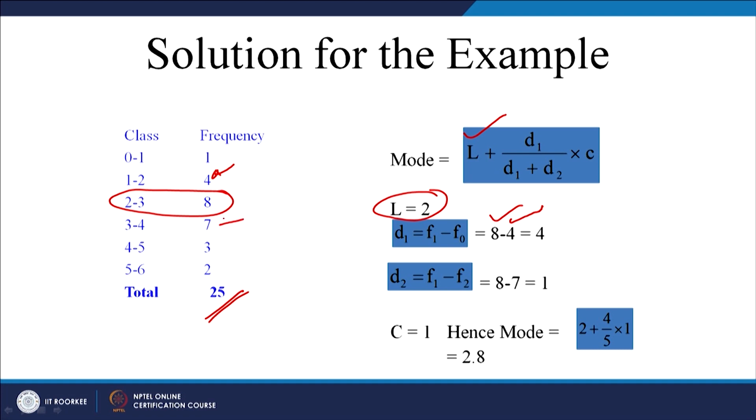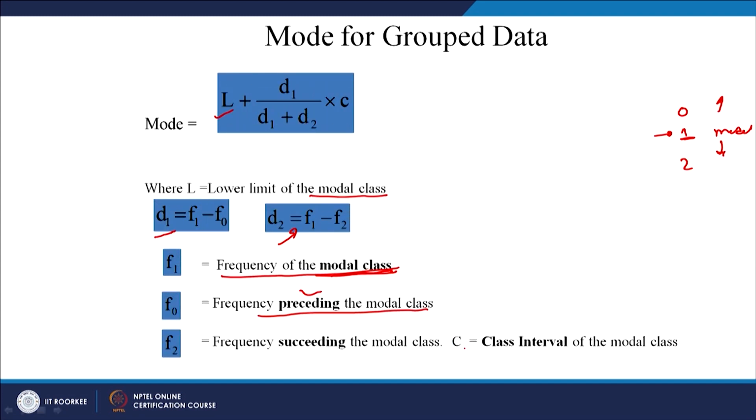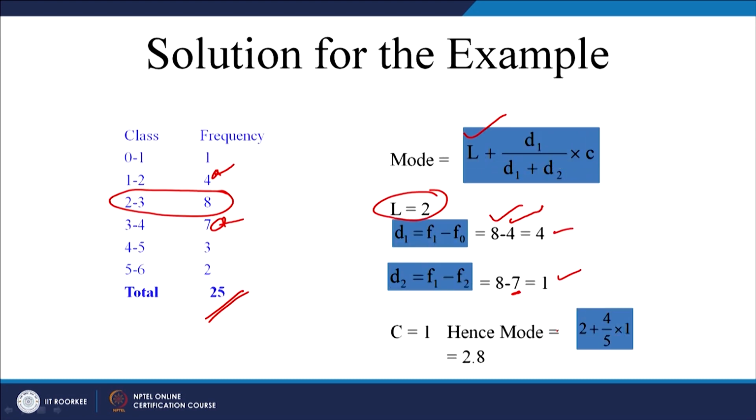Similarly, 7 is the frequency of the next class after the modal class. So, 8 minus 4 is 4, 8 minus 7 is 1, and C is the class interval, which is 1. Hence the answer is 2.8, you can easily calculate.